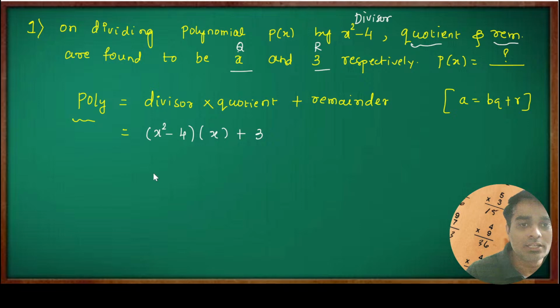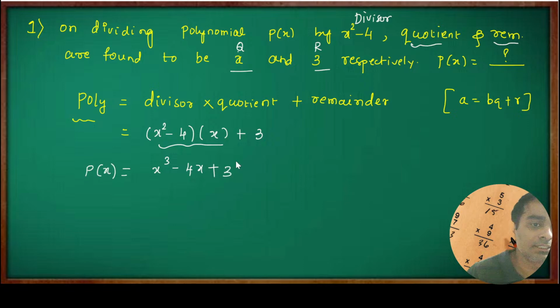So from here you can just multiply these two. It will be x cube minus 4x plus 3. That is your polynomial p of x.